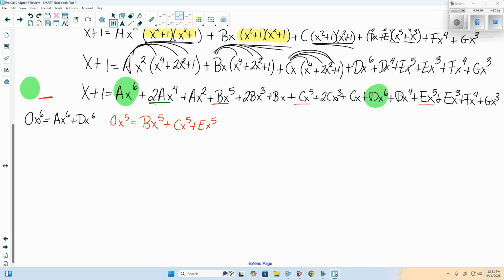Then we would go with fourths. Well, again, there is no fourth term. So the first one we're looking at is 2a x to the 4th. And I would just keep going through the whole thing, plus dx to the 4th, plus fx to the 4th.